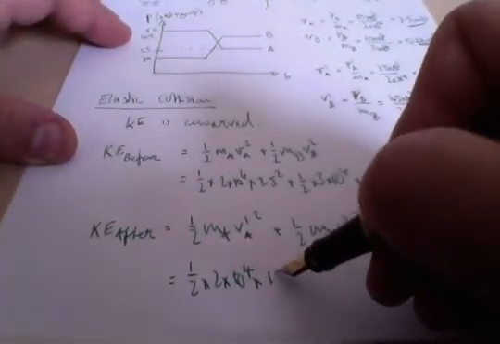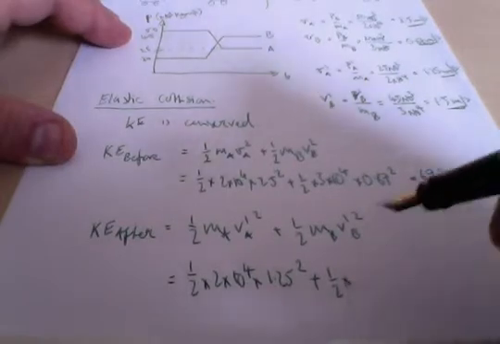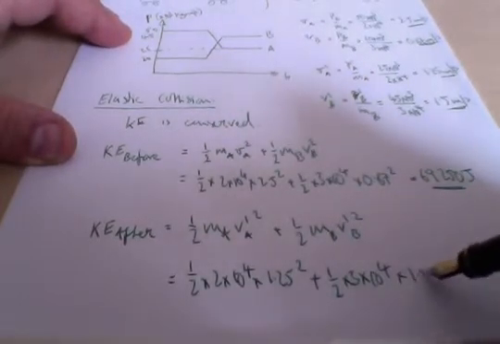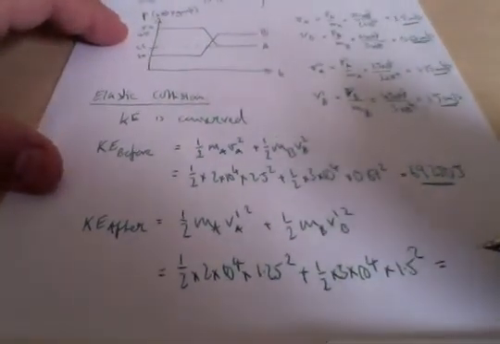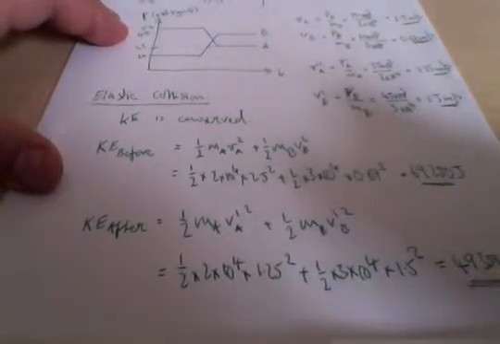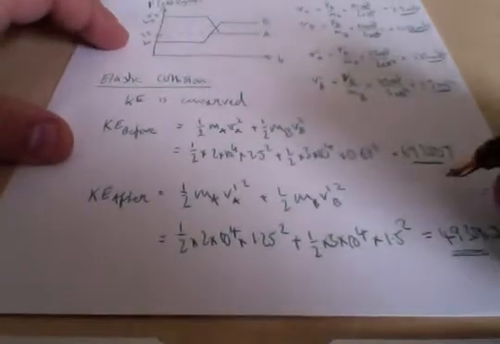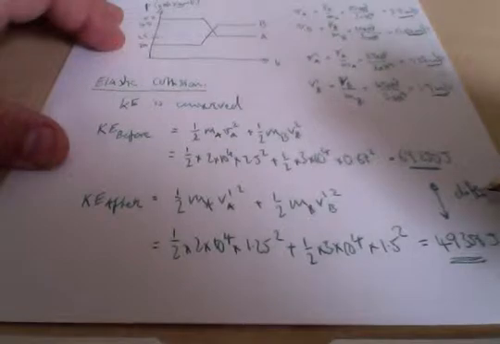It looks quite complicated, but it's just following through a rather long equation. And that gives us something in the order of 49350 joules. Now these are clearly not the same. There's a difference. Hence it is not conserved.